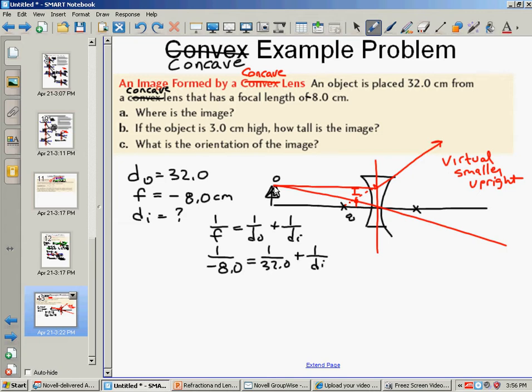Simplifying, I'll make negative 1/8 into negative 4 over 32. So negative 4 over 32 minus 1 over 32, I get negative 5 over 32 equals 1 over di. So I flip both of these, and di equals negative 32 over 5, which also equals negative 6 2/5. So that's negative 6.4.